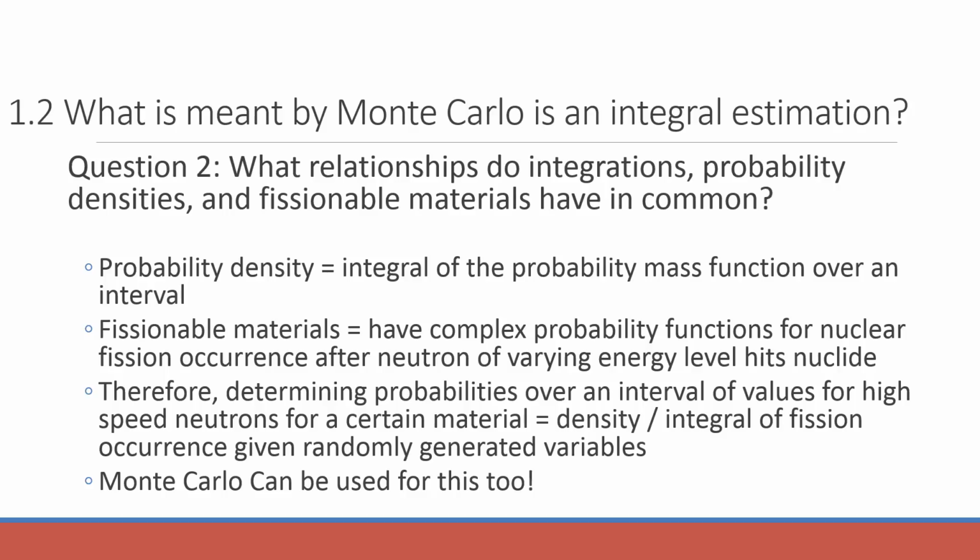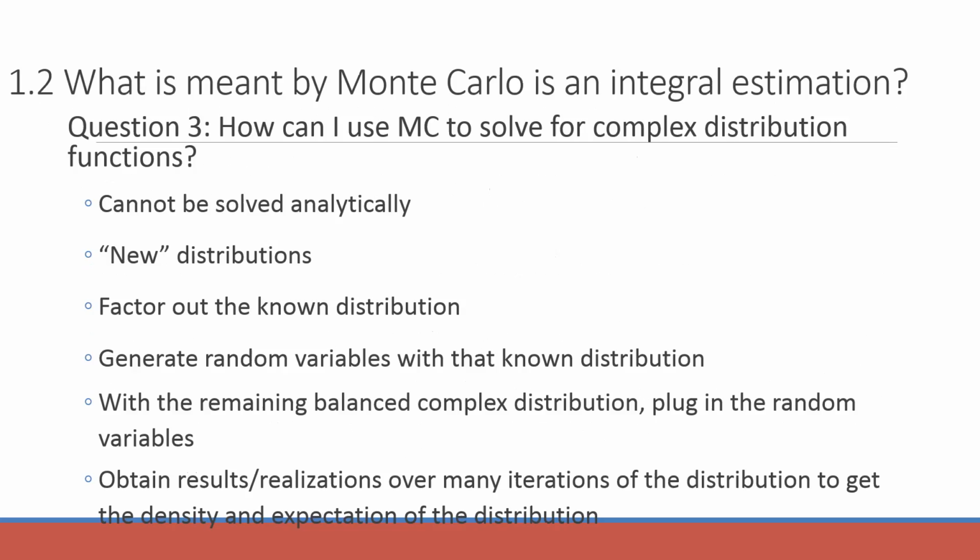Therefore, the simulation or density of the fission occurrence happening, or the materials that result, can be given using randomly generated variables and probabilities that such likelihoods would happen. Therefore, Monte Carlo can be useful for this application too.